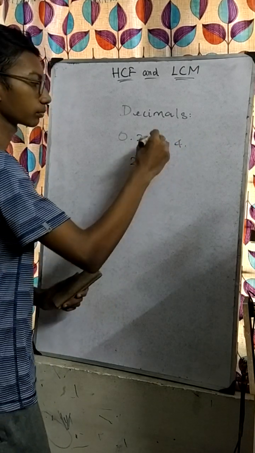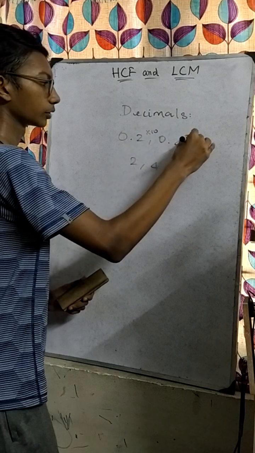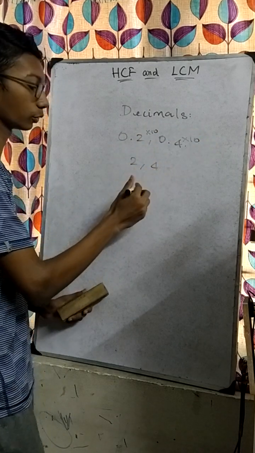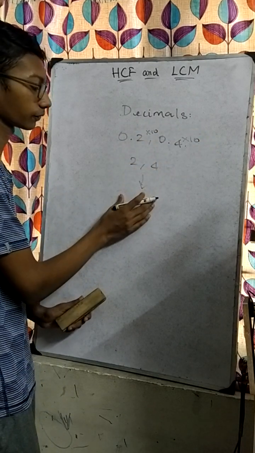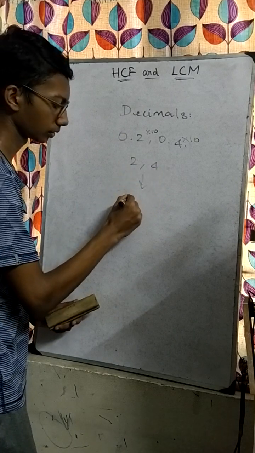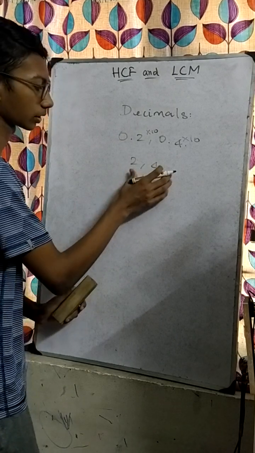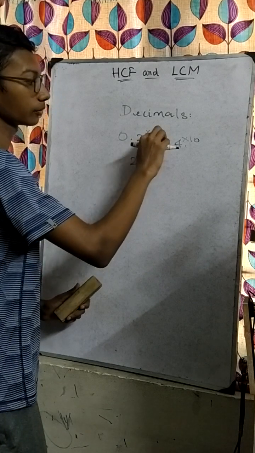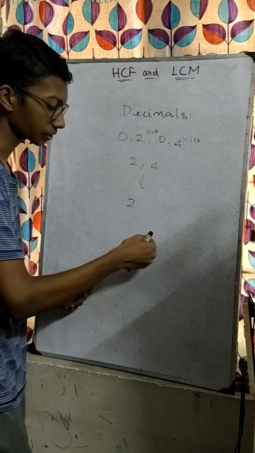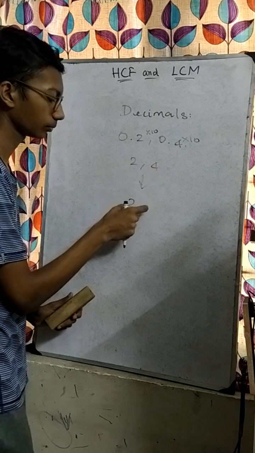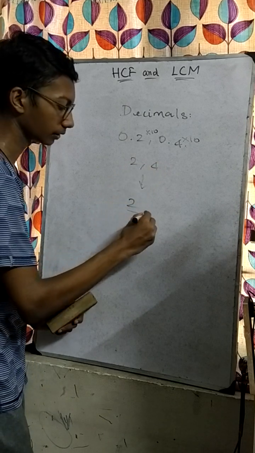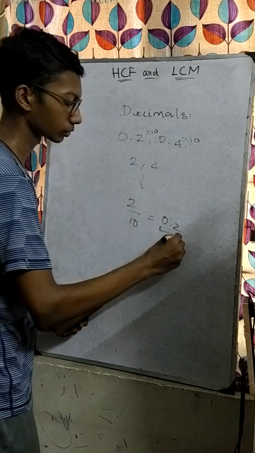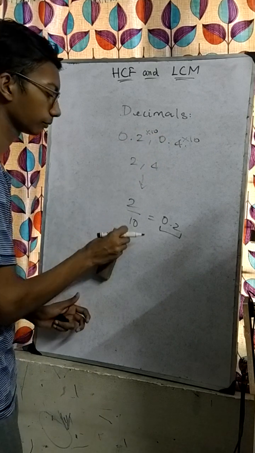So we will have 2 and 4, that is multiply by 10 with both. The HCF of these two numbers is 2, as we can clearly see here. So as we multiplied with 10, at the last step after finding the HCF of these two numbers, we should divide it by 10. So we will get 0.2. So this is the HCF of these two numbers.